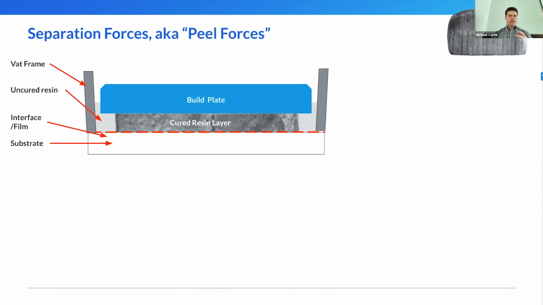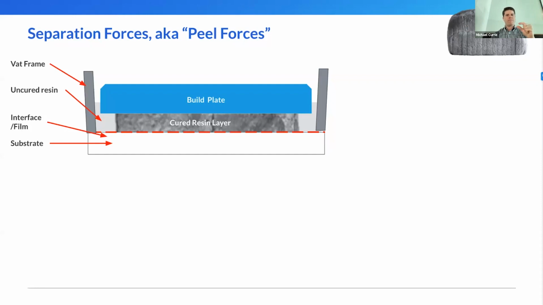The other really big technology that I want to talk about, because it's very important for Nexa 3D, is the idea of peel forces. So let's say in this analogy you're 3D printing a loaf of bread. In the case where you've just cured one slice of your bread, it's basically existing between a substrate and this interface and then your build plate.